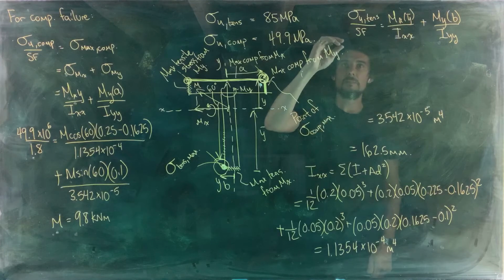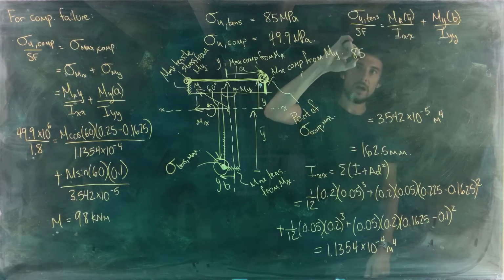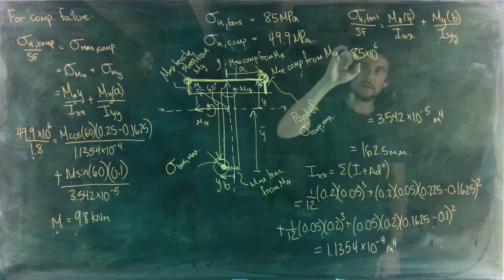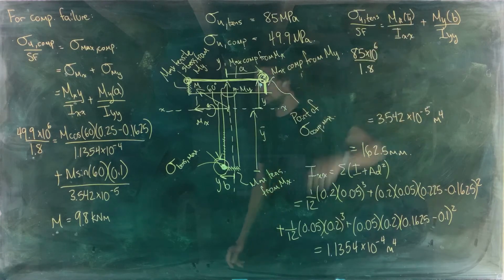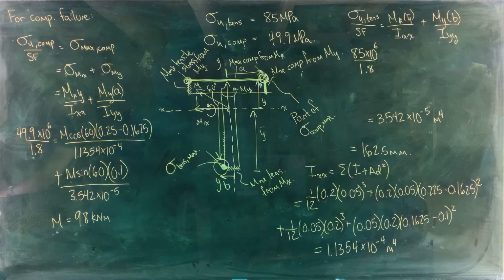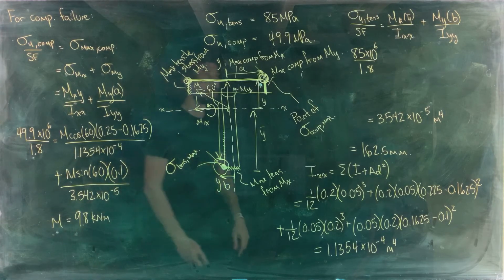Okay, let's put some numbers in here. So 85 times 10 to the 6 divided by 1.8. 85 megapascals being the ultimate tensile strength, which is what I remember to have said. And am I remembering correctly? I am.